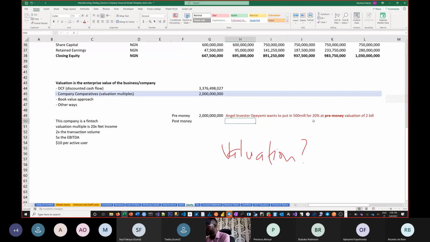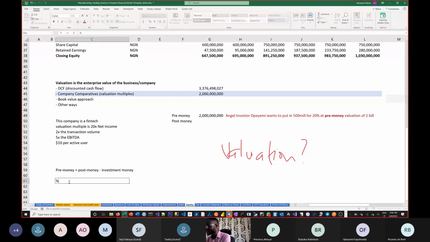And remember what I said, that the percentage ownership or equity share is always computed at post-money. Computed at post-money.